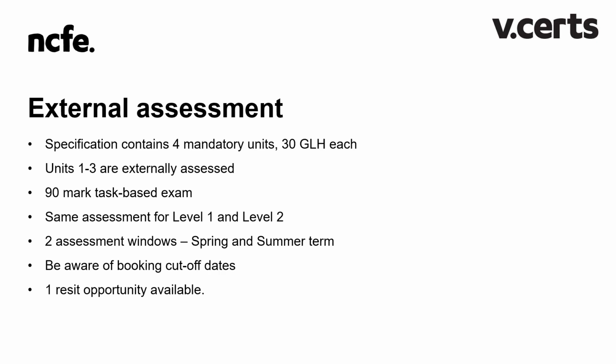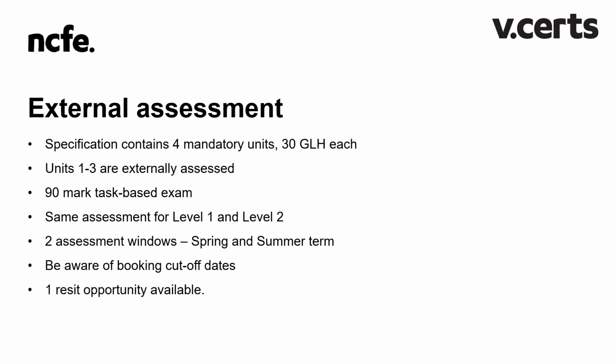The external assessment is the same for Level 1 learners and for Level 2 learners, so they won't be put in for different exams. The exams aren't on a set date, but rather there is an assessment window during which the external assessment is to be completed. There are cut-off dates for booking learners onto that window, and this is usually 2 weeks prior to the start of the assessment window.